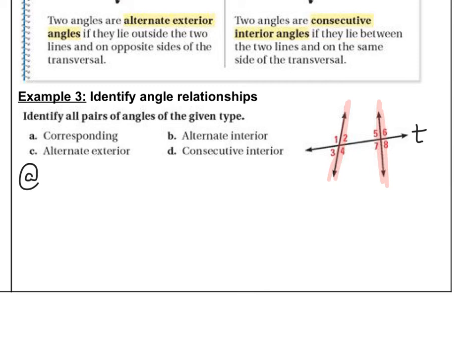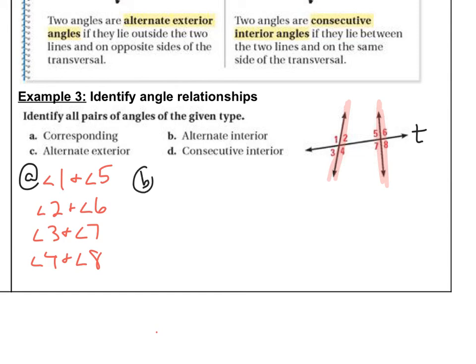So the first one I'm going to say is angle 1 and angle 5. Those are in corresponding spots. So angle 2 and angle 6, angle 3 and angle 7, angle 4 and angle 8.